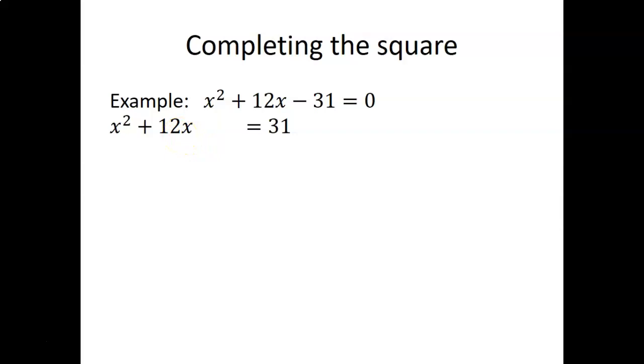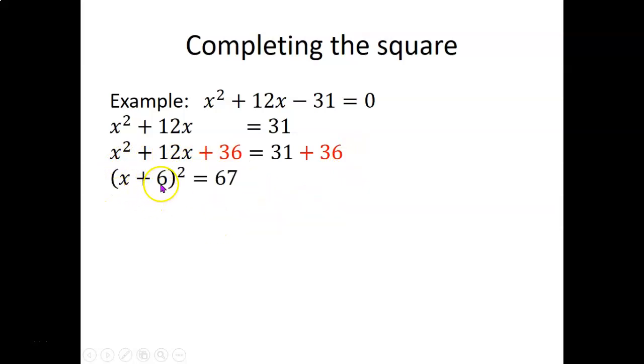Take half of that, you get 6. Square that, you get 36. So add 36 to both sides, and then x squared plus 12x plus 36 is x plus 6, the quantity squared. Meanwhile, 31 plus 36 is 67. So now we're down to where we have something squared equals some number.